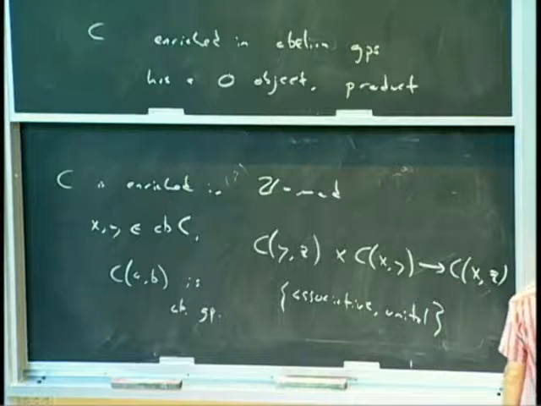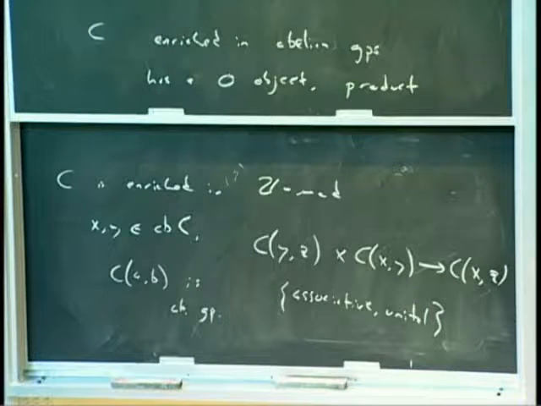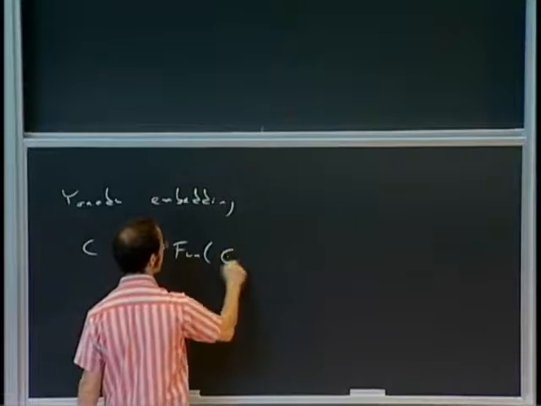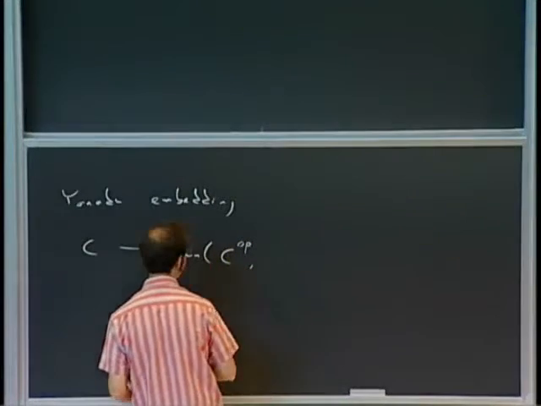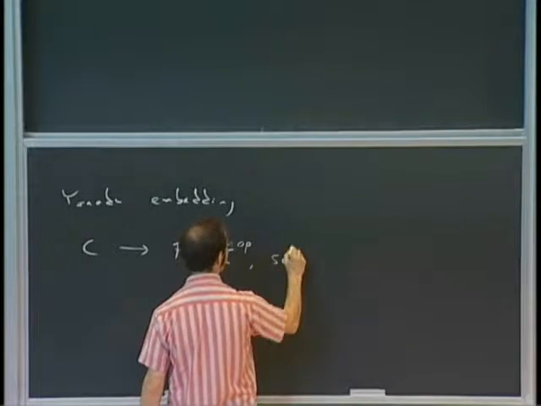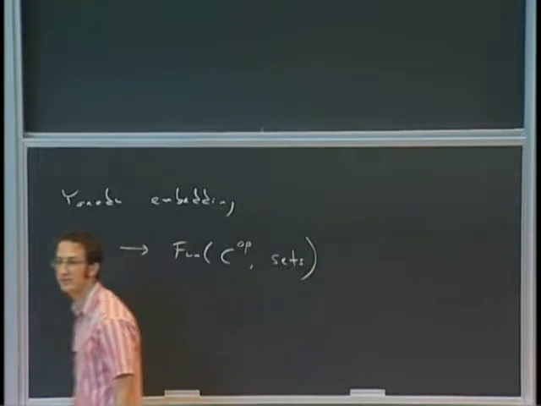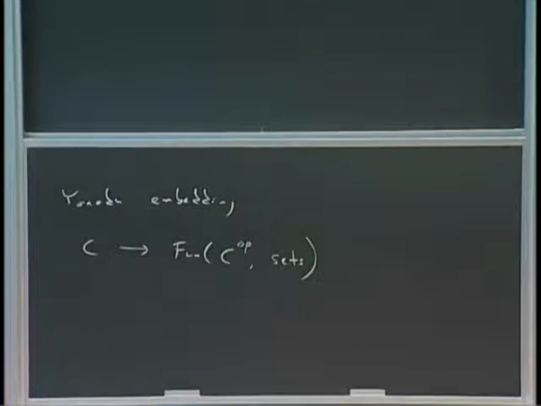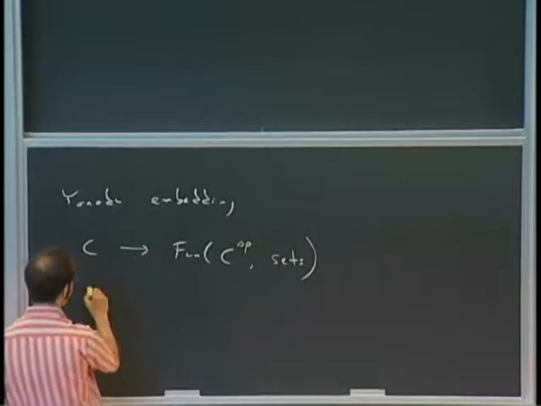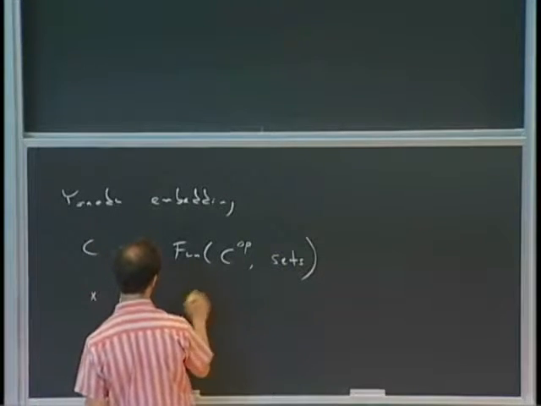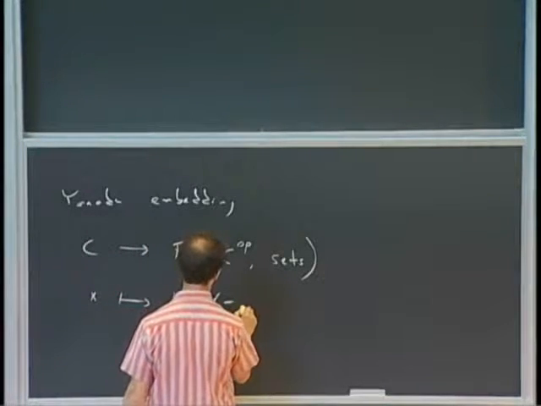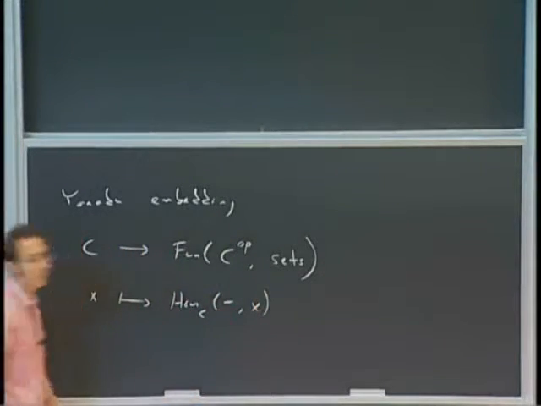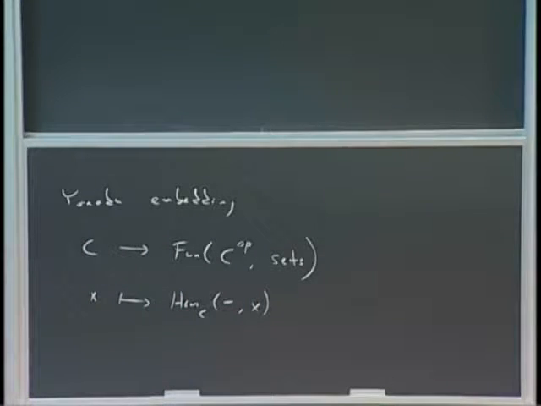Right, so for any C, I can map C into functors from C up to sets. Right, and what do I do? What this is, X goes to hom in C from blank to X. Right? This is the Yoneda map.